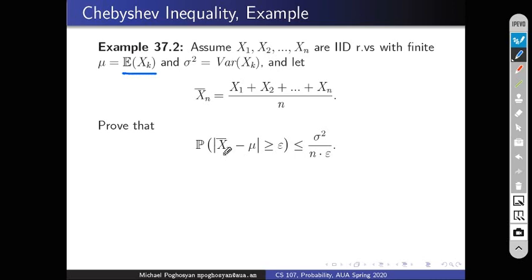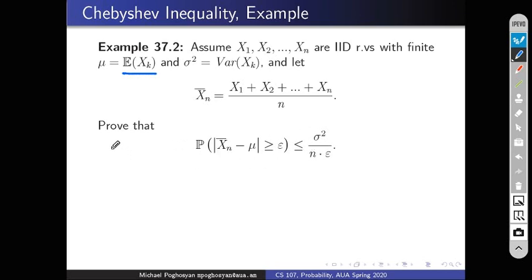Prove that the probability that |X̄n minus mu| is larger or equal than some epsilon is less or equal than the variance sigma squared over n times epsilon squared. This is an important thing, and we will use this inequality for the proof of the law of large numbers, and this is very useful in statistics also.